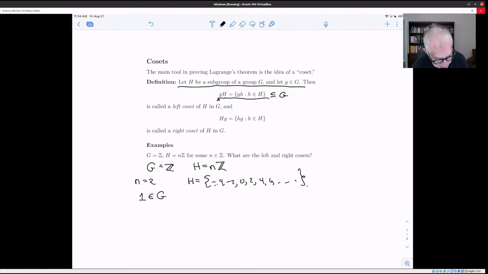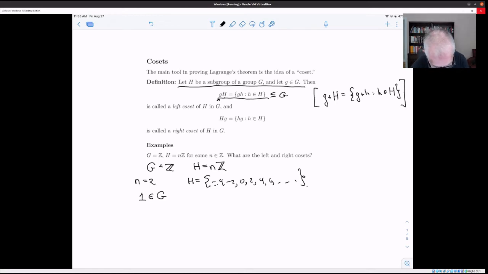So in that case, we use alternatively the notation g + H, which is the collection of g + h for h in H. It's the same thing, we just write the binary operation differently.